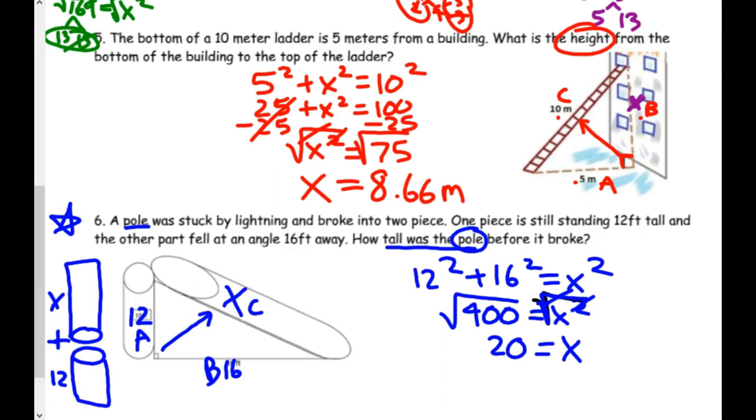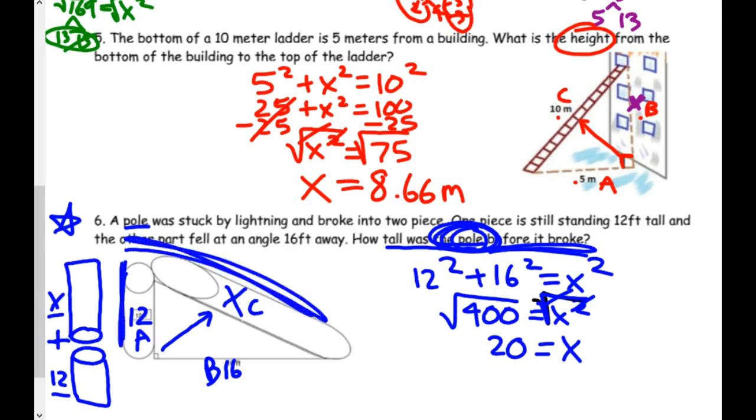So remember, how tall was the pole before it broke? Well, like we said over here, we got 12 plus x. We got this part plus this part. Add them up. So we have to add these up.